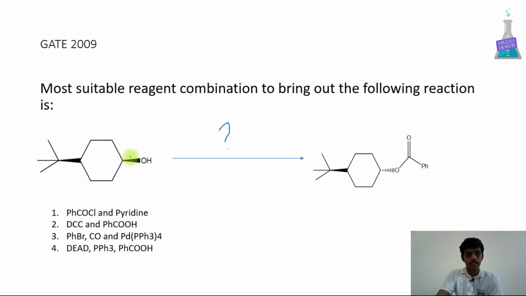You see here, this is in wedge and is converted into dash, which means this is the Mitsunobu reaction, and the nucleophile is added here, which is PhCOOH. Then the answer is option 4, diethyl azodicarboxylate, PPh3 and PhCOOH. This is the nucleophile, and this is the reagent for the Mitsunobu reaction.